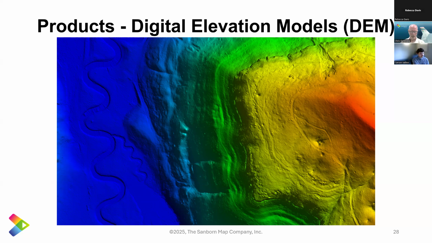So, here we have a DEM, and again, this is the surface. In here, you're able to see, okay, I got a river down there, a mountain on the right, and there's some roads going around the mountain. This is very good to show a lot of detail on the ground surface.